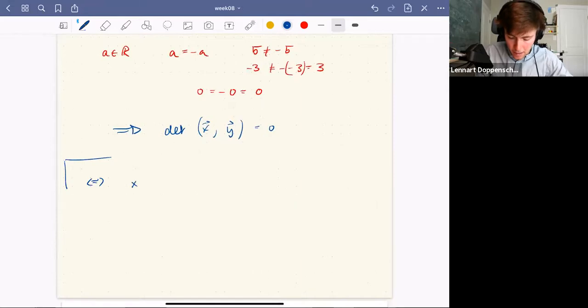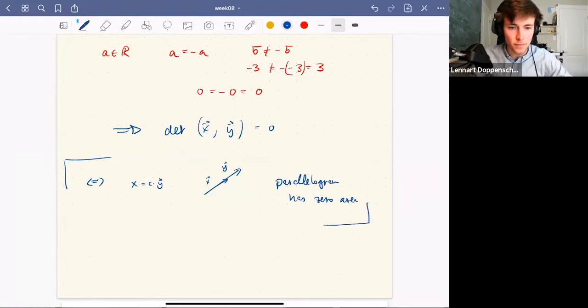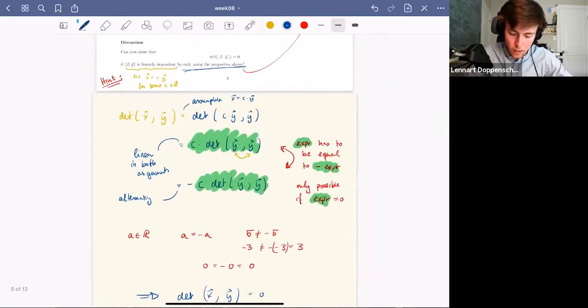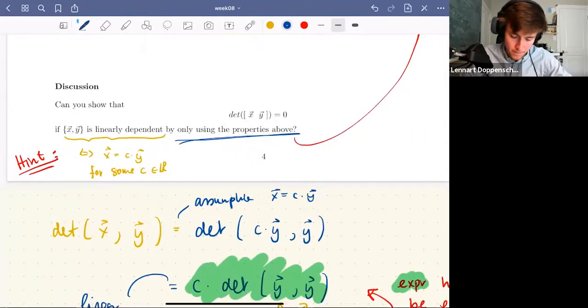So x is c times y means that the parallelogram looks like this. So the parallelogram has 0 area. Well, if c is 0, then it means that one of the vectors is 0.